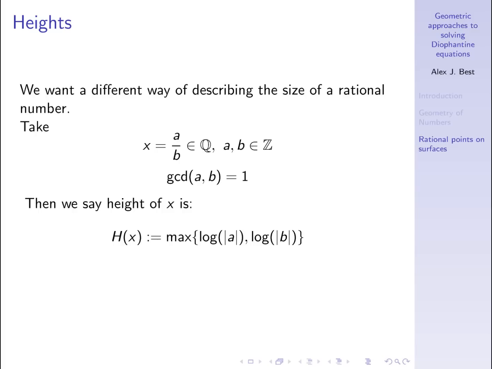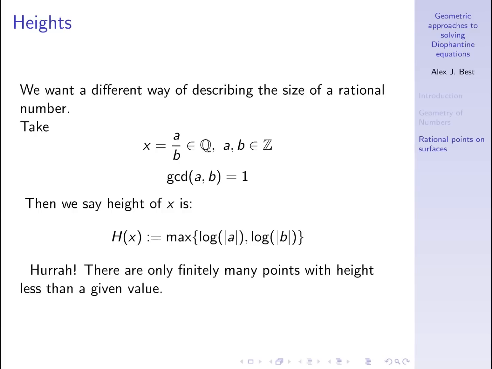What we can see though is that there are only finitely many points with height less than a given value. If we limit the number of digits the numerator and denominator can have, we only have a certain number of choices for each, and so we're only going to have a finite number of rationals with bounded height.